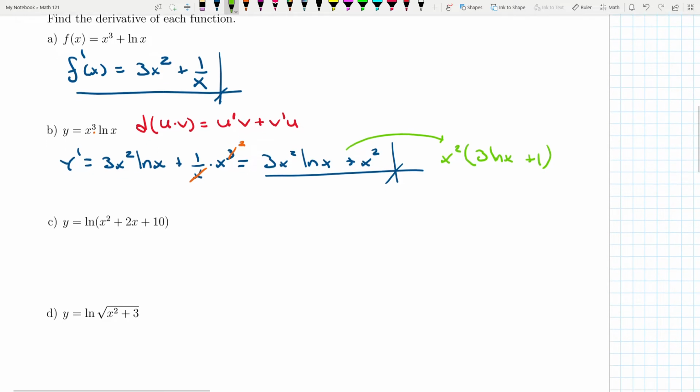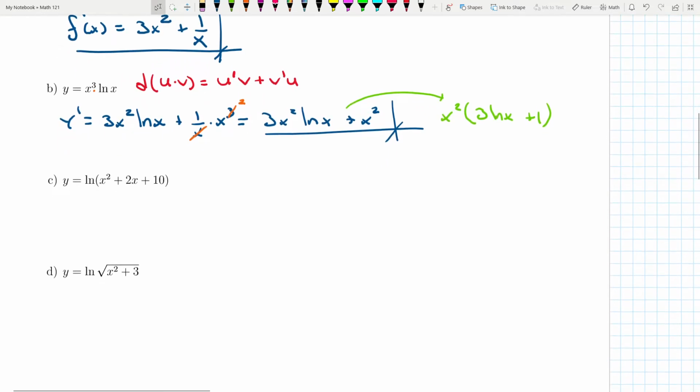For letter C, this is one for which we're going to use the chain rule, because notice we're going to differentiate ln of some polynomial, not just ln of x. In this case, the derivative y prime will be 1 over u, where u equals x squared plus 2x plus 10, times the derivative with respect to x of the quantity x squared plus 2x plus 10.